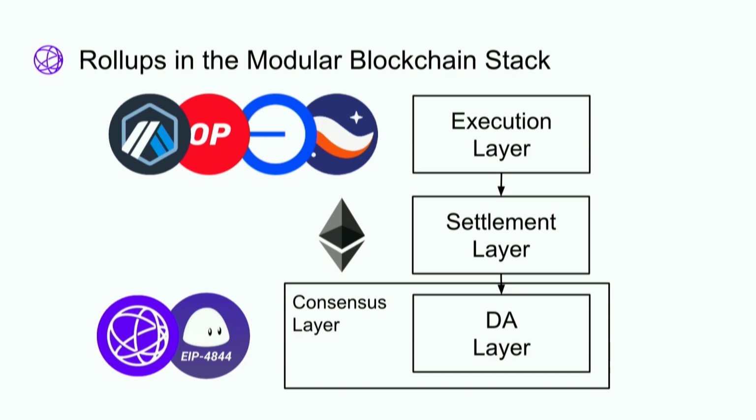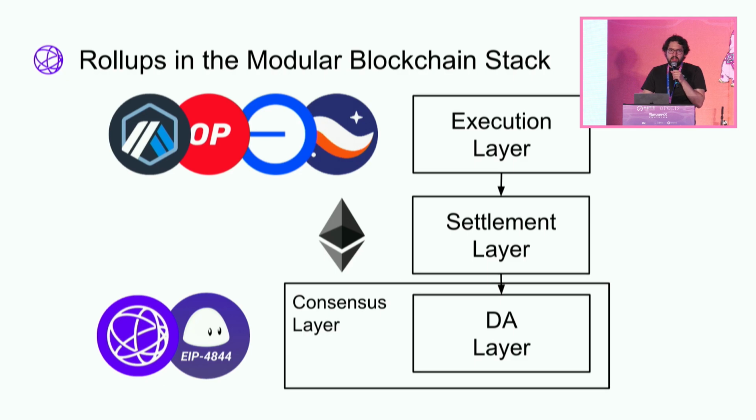And what this means is if your execution layer wants to leverage one of these data availability layers, it doesn't have to compete with, say, some DeFi applications. It only has to compete with other rollups, and it only has to compete for data availability, not execution.